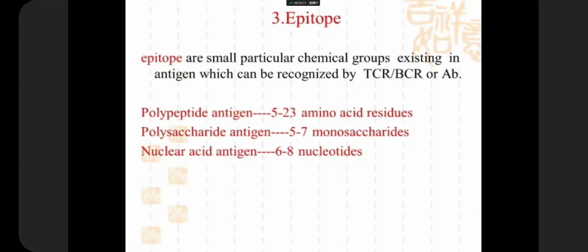The specific site or chemical feature that is recognized by a given antibody or TCR is called an epitope, or in older terminology, an antigenic determinant, 抗原决定簇.